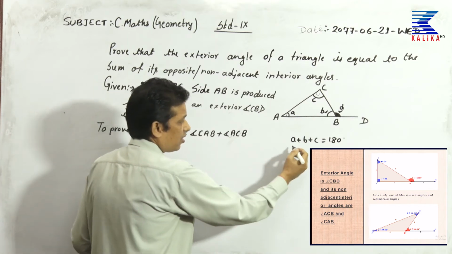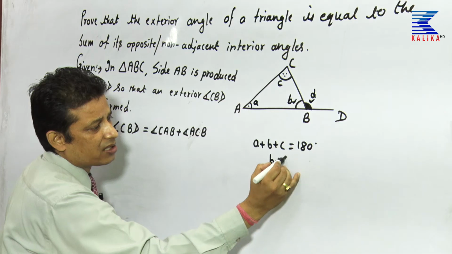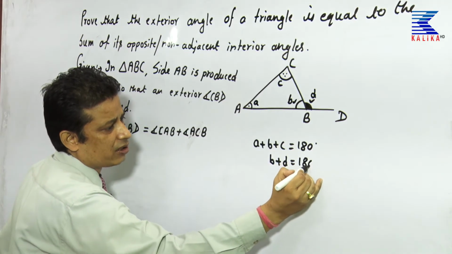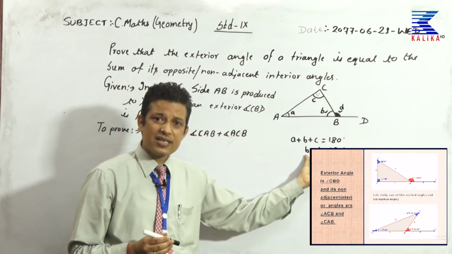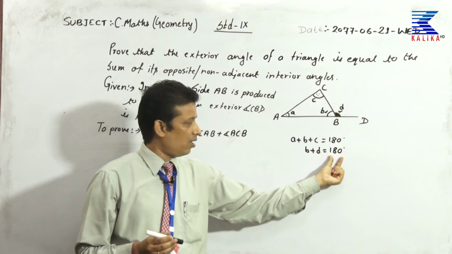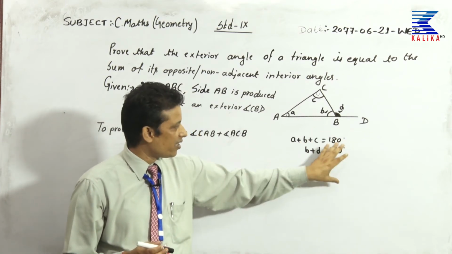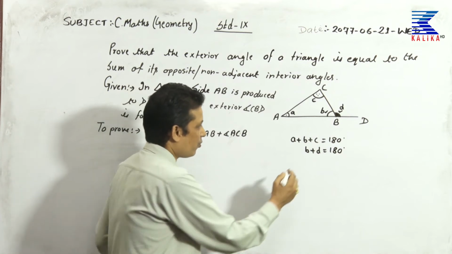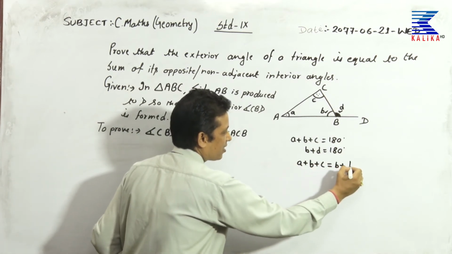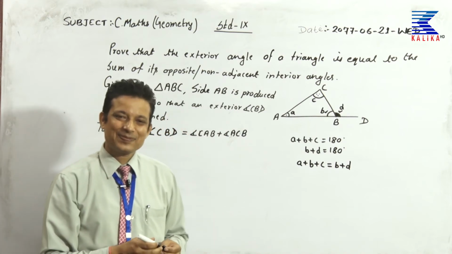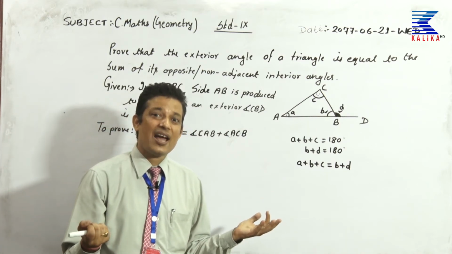And next, if you write b plus d, what is the sum, dear student? 180 degrees. B plus d is 180 degrees and a plus b plus c is 180 degrees. Both are 180 degrees. It means, dear student, we can write a plus b plus c same as b plus d. Can we write? Yes, of course, equating the fact, equal axiom.